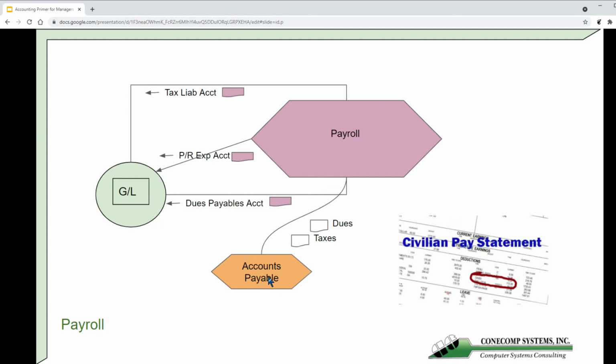Those are all tax liabilities now that the business has to pay, but rather than record them to the GL directly, it will create vouchers for payment in accounts payable. And then the same thing with any miscellaneous deductions like union dues. Those do get to the general ledger, but they go through accounts payable. They're set up there, and then they process through accounts payable like any other payable. So that's the payroll. Complicated but simple to use.